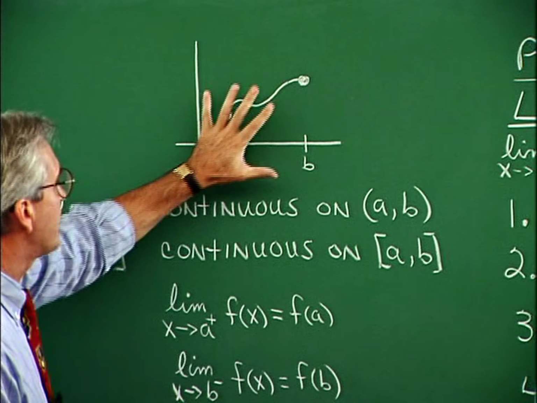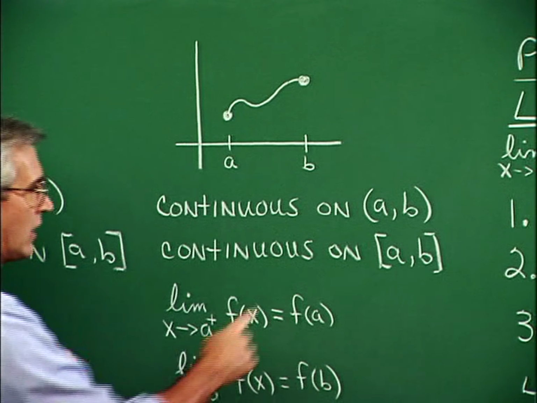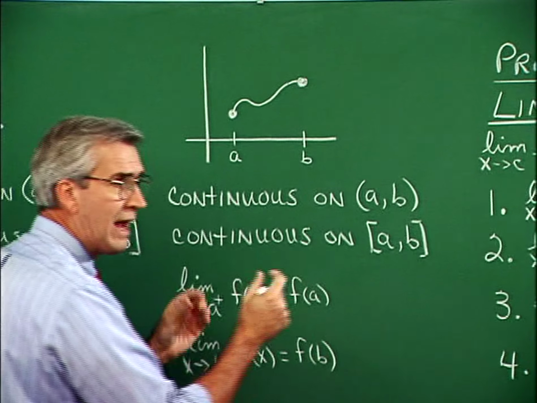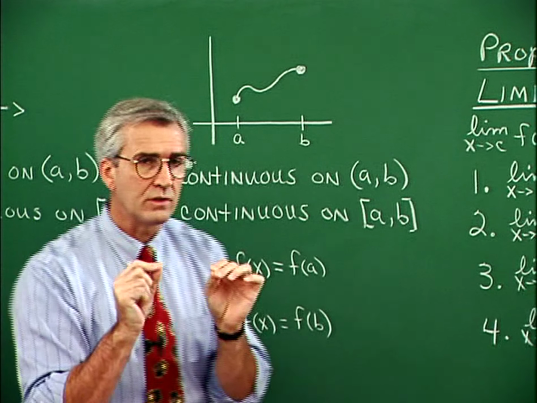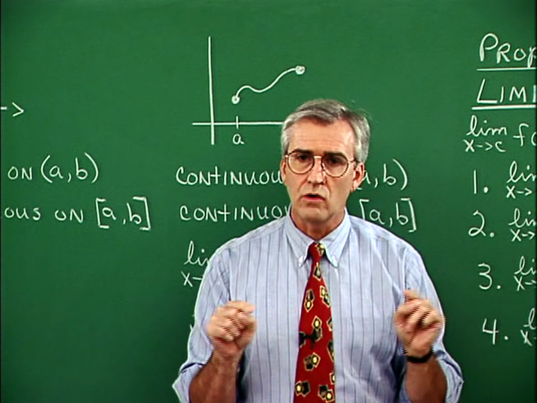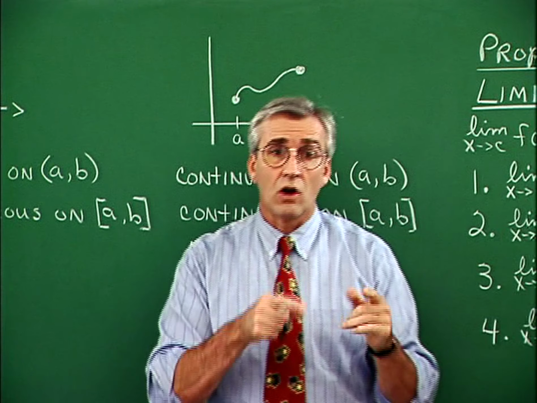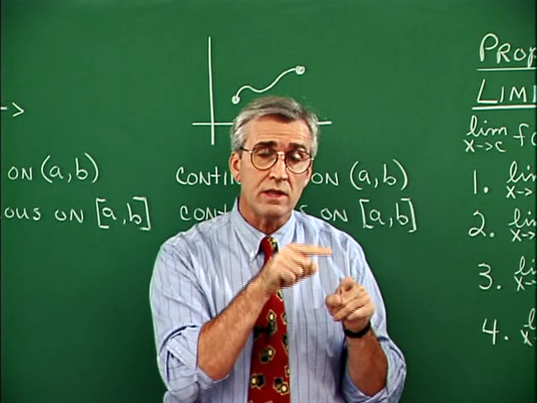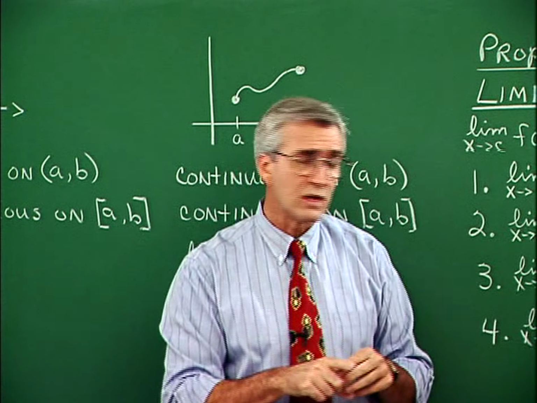Now, for us to have continuity on a closed interval, we have to be talking about what happens at the endpoints, and that's what really is important. Whenever you're talking about a closed interval condition, look at those endpoints. Examine the endpoints, and that's where the trick is.